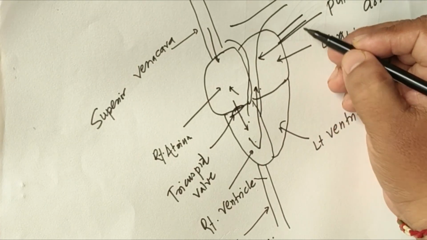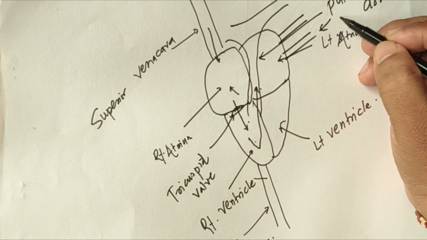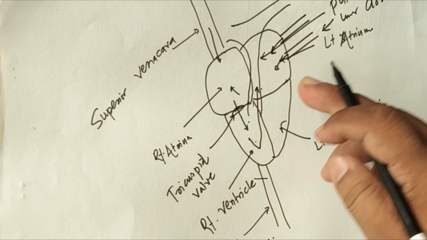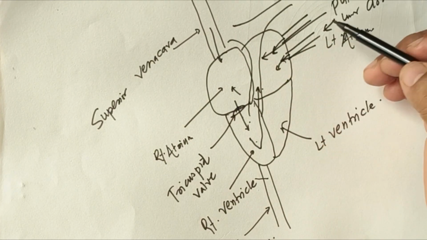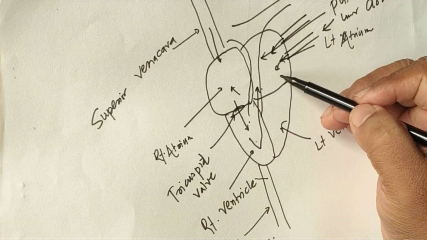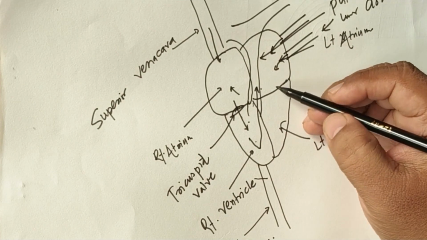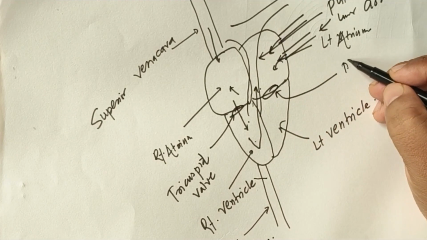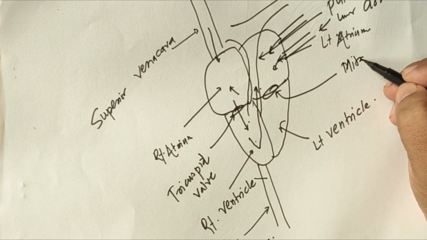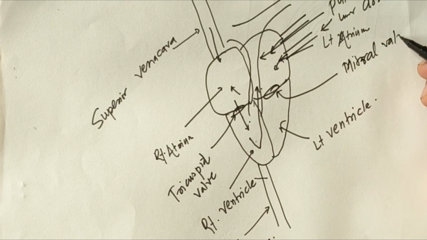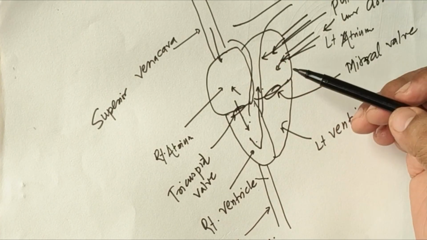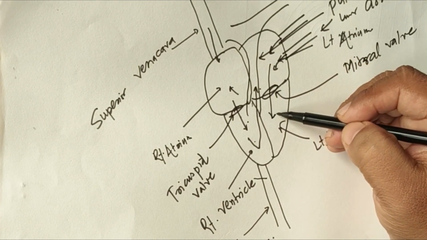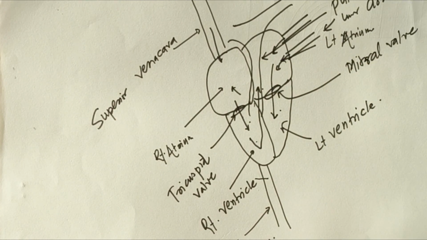Now from the lungs the blood enters into the left atrium. This blood coming from the lungs is oxygenated blood, and through this valve, also known as the mitral valve, that separates the left atrium from the left ventricle, the blood pours down into the ventricle.